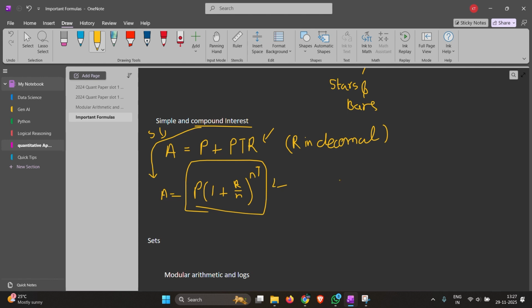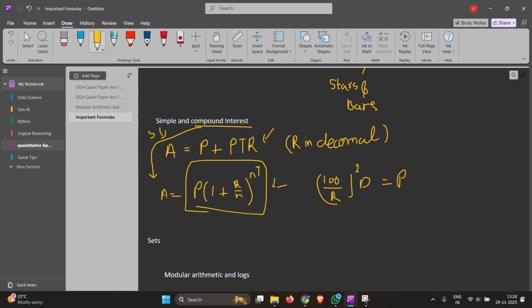And if you want to find out what the difference is, obviously the compound interest would be greater, but what exactly the difference in their interest would be, it can be given by (100 upon R) whole squared into the difference equals principal.